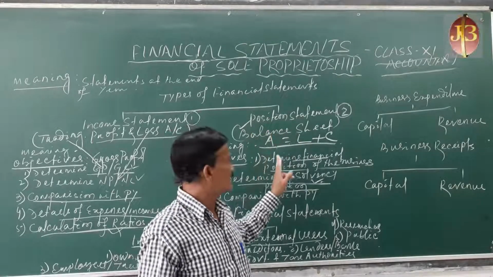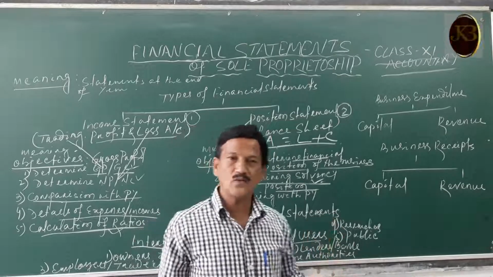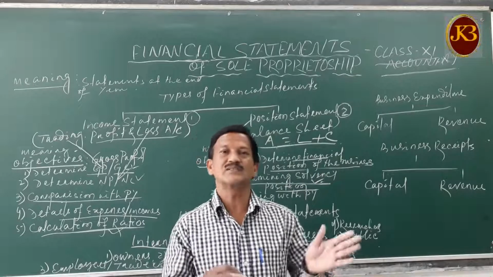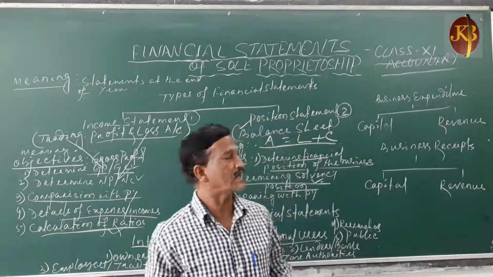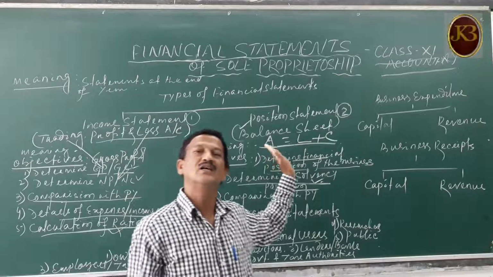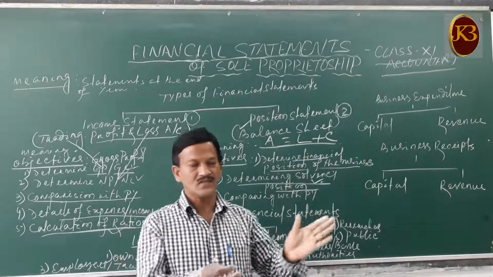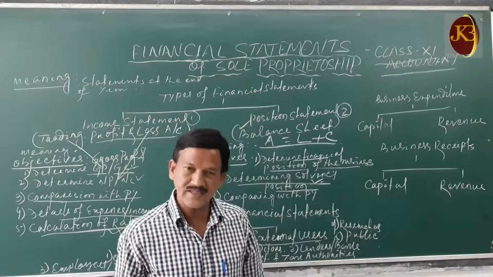Then the second one is the long-term solvency position, which is calculated by comparing long-term assets, meaning fixed assets, with the fixed liabilities and capital. So the liabilities and capital are compared with the total long-term assets or fixed assets, so that the long-term solvency position can be calculated.